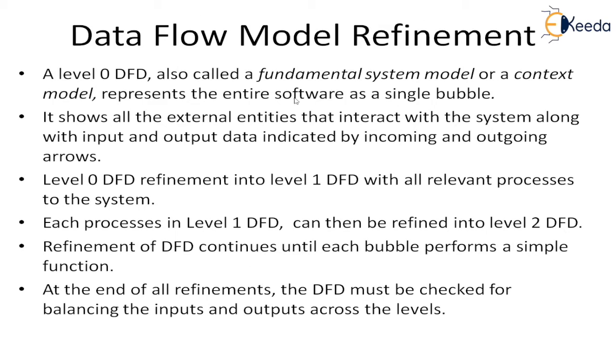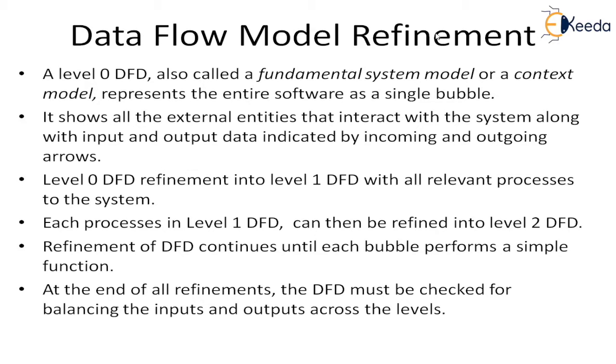At level 0, we call it the fundamental system model or a context model. Why do we call it a context model? Because it sets the context in which the system is going to work. In other words, it shows all the external entities that interact with the system, along with the input and output data indicated by incoming and outgoing arrows.